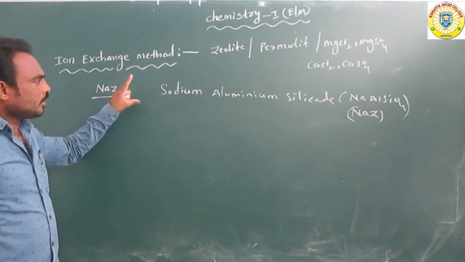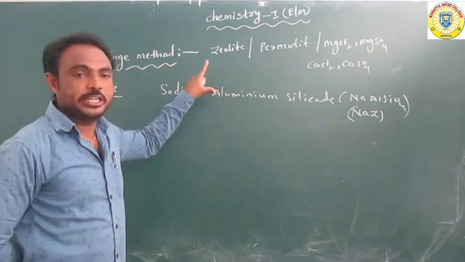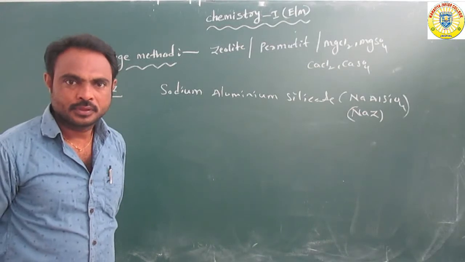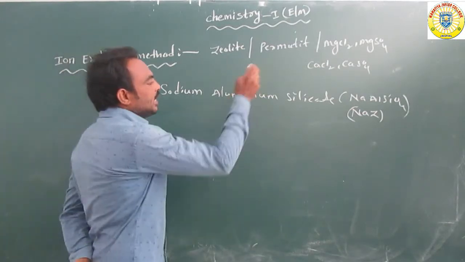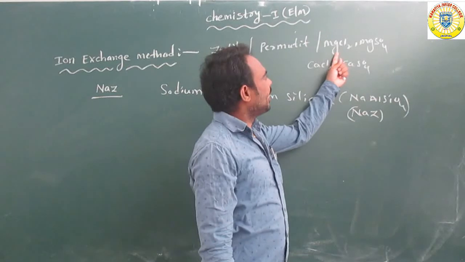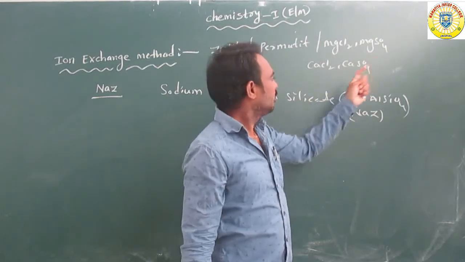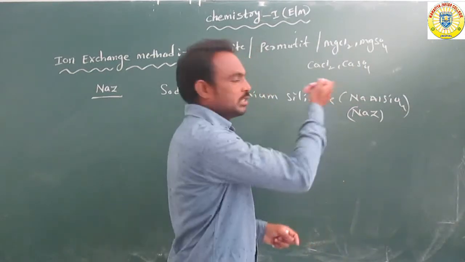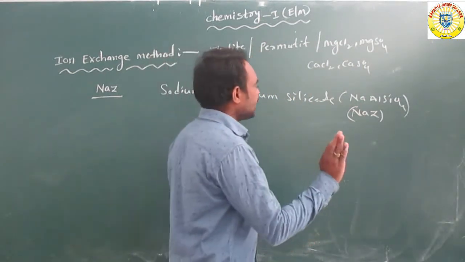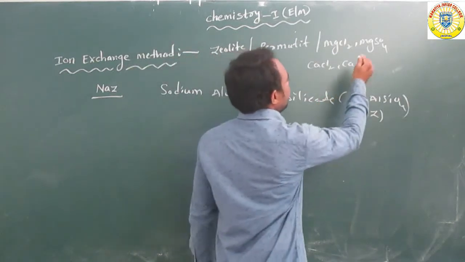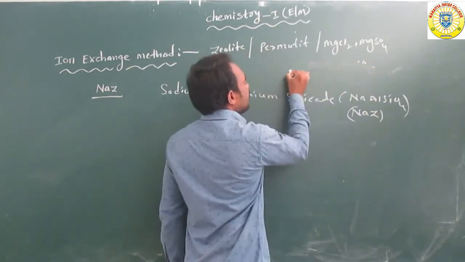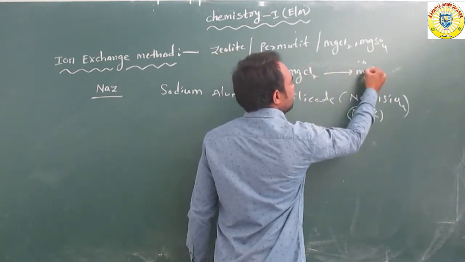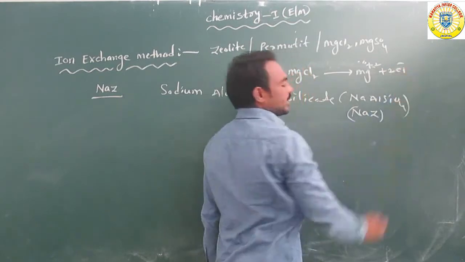When we add the zeolite or permutit to hard water, generally the magnesium chloride or magnesium sulfate, calcium chloride or calcium sulfate are ionized in this process. For example, magnesium chloride is converted to Mg plus 2 and 2Cl minus.